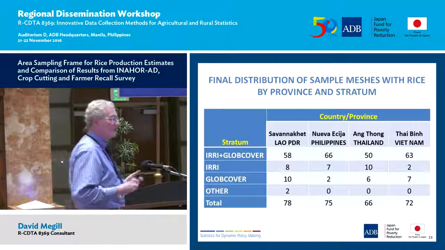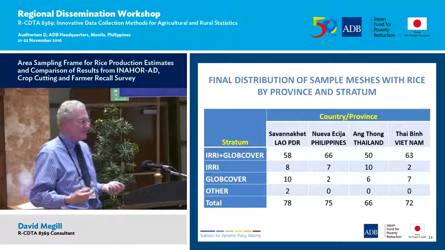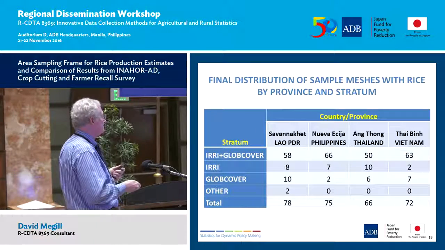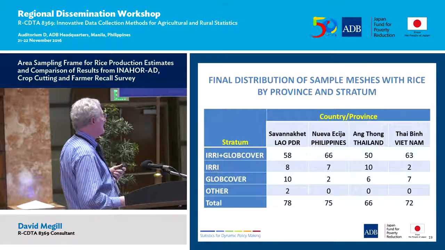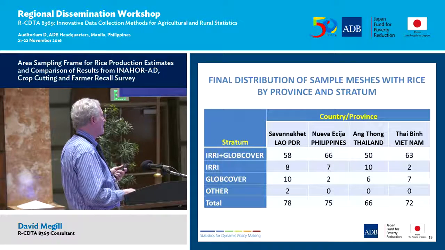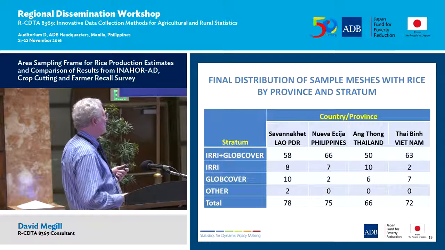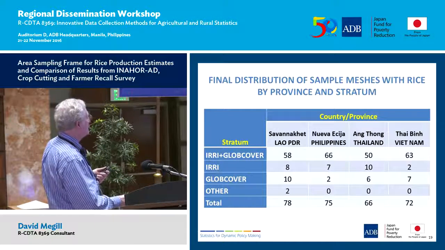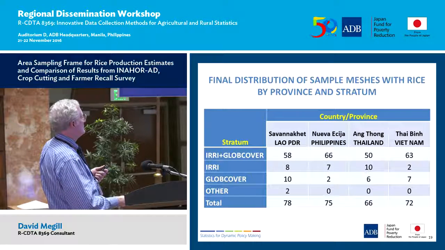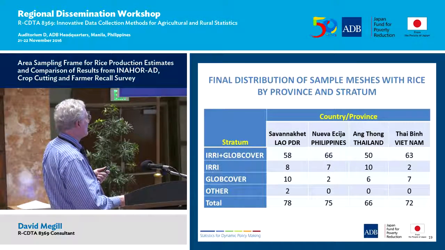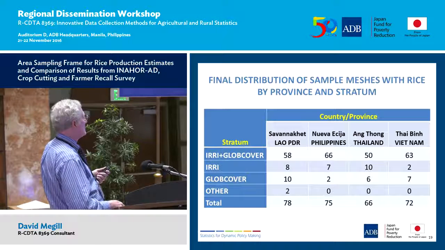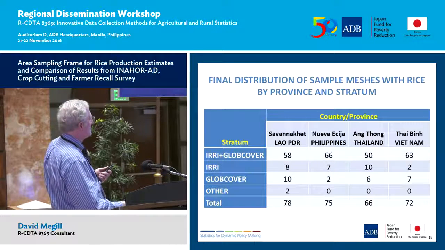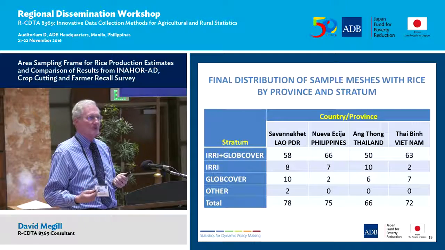And now I mentioned that one of the first steps involves visiting each of the rice plots, the meshes, to verify whether or not they have rice. And remember, we selected 80 meshes for the Erie globe cover stratum in each of the provinces. And this is the number of plots that actually had rice.